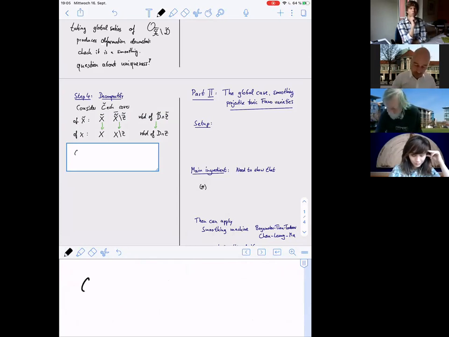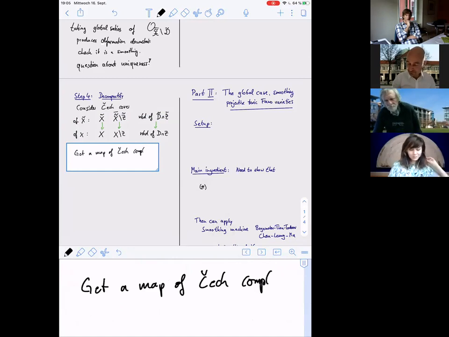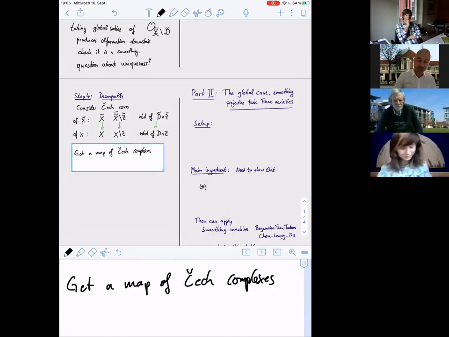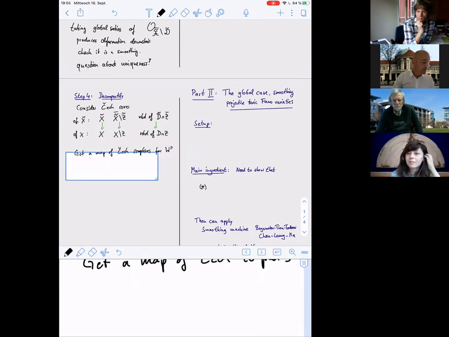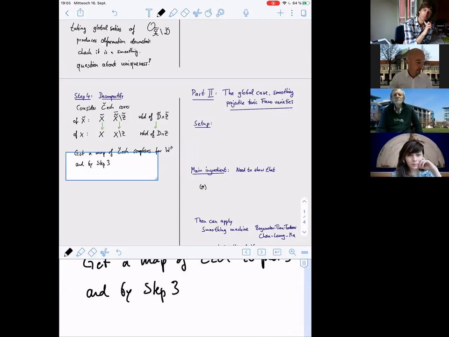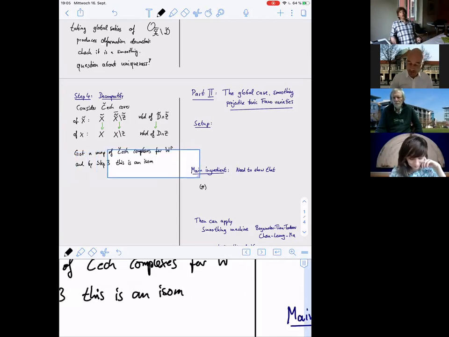Okay, so the point is now you get a map of Čech complexes for the sheaf W_p. And we know from the previous step this is an isomorphism on cohomology.